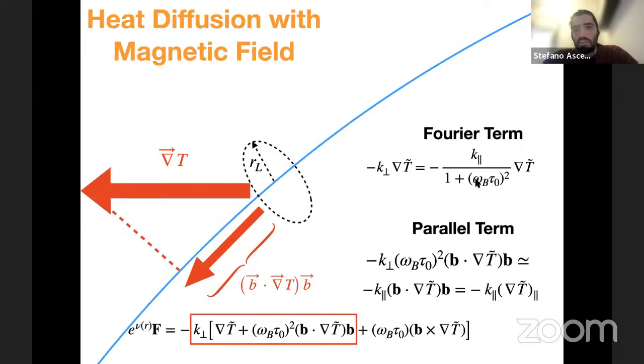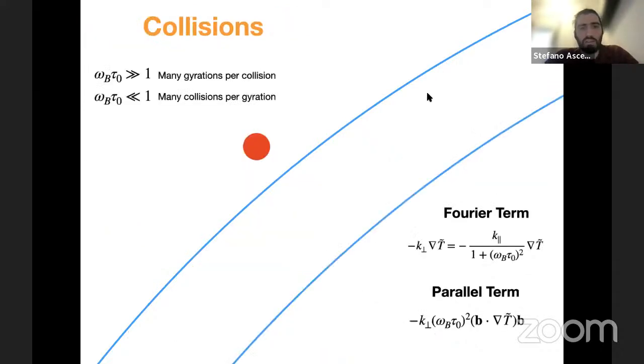So this term does not depend only on omega b, but also on tau. What is tau? Well, tau is related to collisions and is the characteristic time between one collision of an electron and the subsequent collision with another electron or with other particles such as ions.